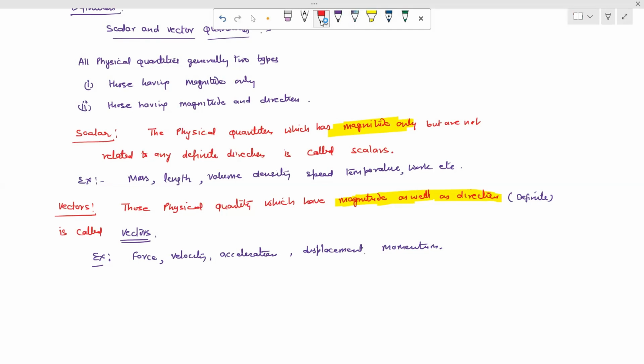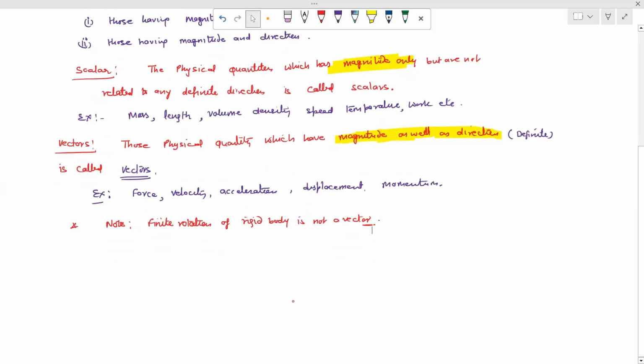We remember one thing, note: finite rotation of a rigid body is not a vector.